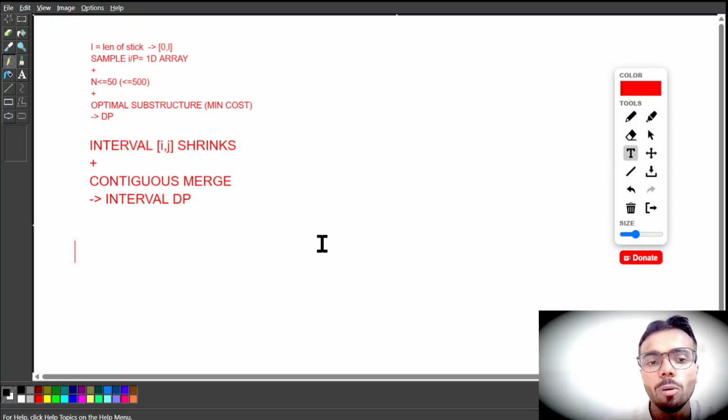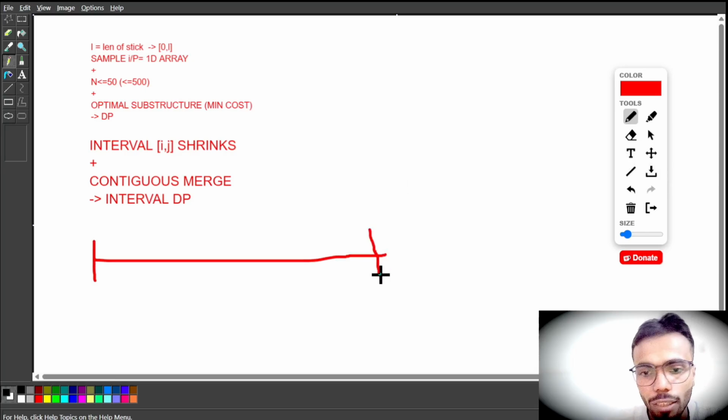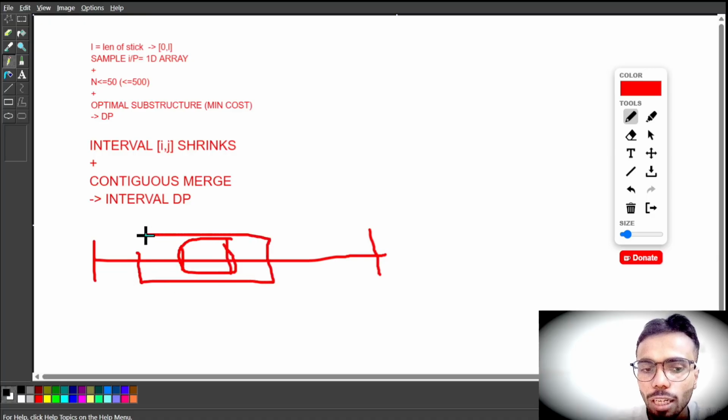To verify that, whenever we are performing a cut, let's say I chop this portion out. When we perform the cut, is this portion eliminated? No, right? This portion is not eliminated. So I need to combine this portion.